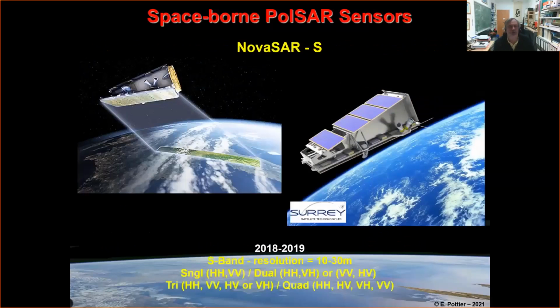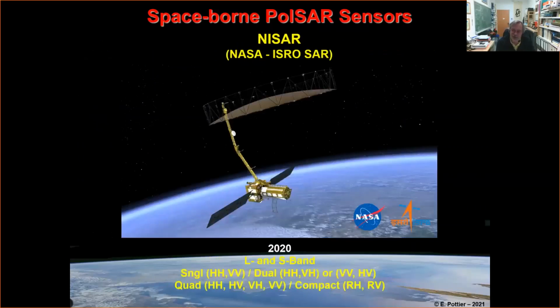Okay, so we have also NovaSAR in S-band from England. It is a system providing this kind of information, not the phase, but the amplitude. That is a nice system. And in the near future, we shall have NISAR, you heard about it yesterday also, in L-band and S-band, a collaboration between NASA and ISRO.